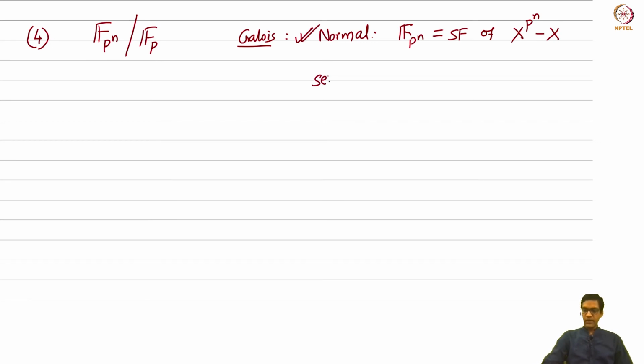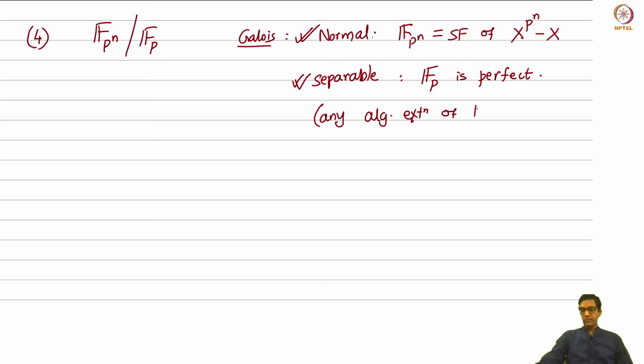And separable, recall, again comes for free in this case because we had shown that F_p, being a finite field, is perfect. Therefore any algebraic extension of a perfect field, any algebraic extension of F_p, is automatically separable.